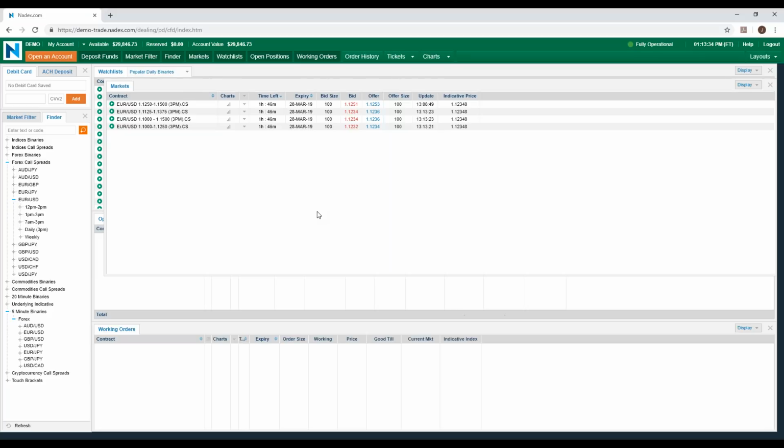Or at night, there are spreads that go from like 7 to 11. You could trade one of these daily spreads and get into it in the evening time.